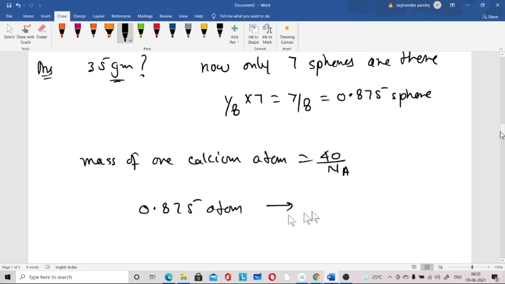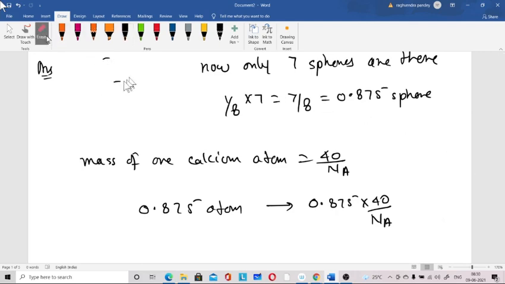So the mass is 0.875 into 40 by Na. That you can calculate. So now it's not 35 gram, 35 gram is too much, because you have to divide by Na. You have to understand this one. If you have any doubt, you can ask. Ask your doubts.